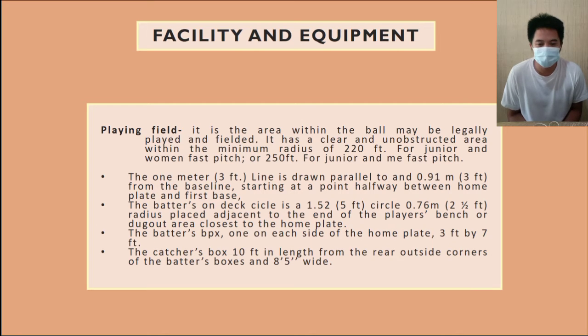The batter's box, one on each side of the home plate, is 3 feet by 7 feet. The catcher's box is 10 feet in length from the rear outside corners of the batter's boxes and 8.5 feet wide.